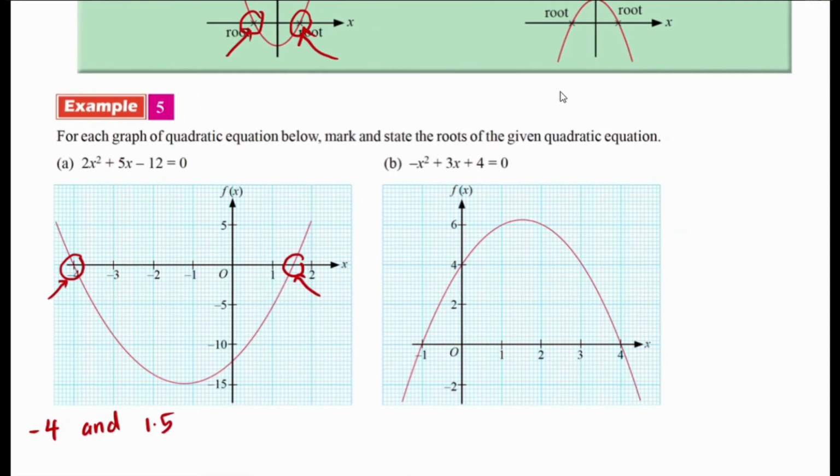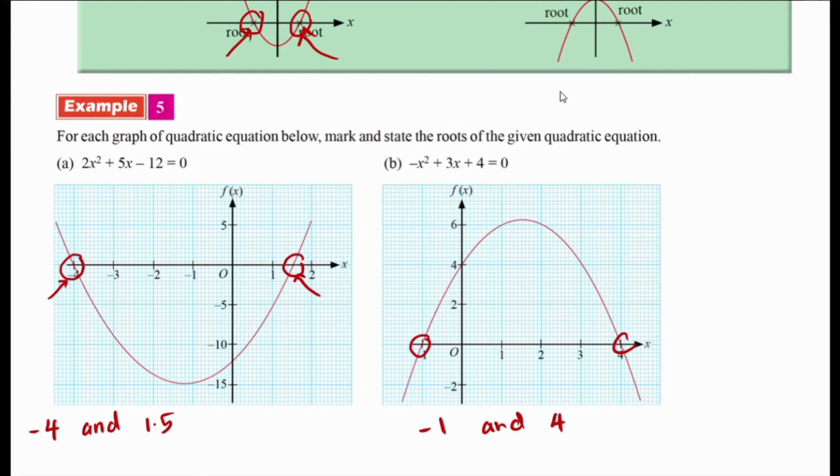For the next example, -x squared plus 3x plus 4 equal to 0. You can look at the x-intercepts here, which are -1 and 4.